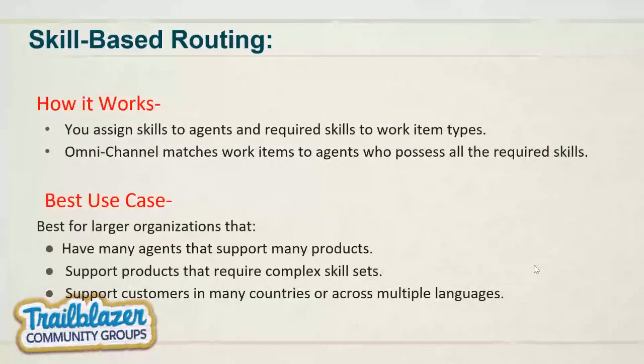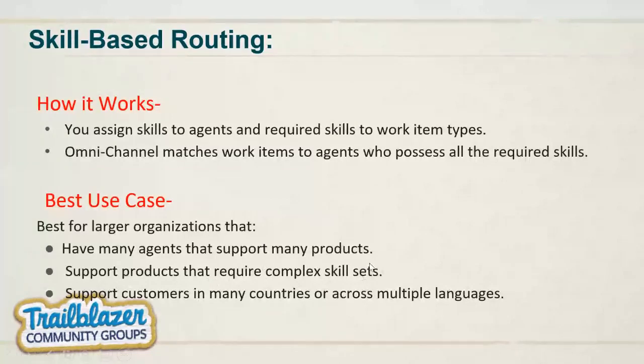Second is skill-based routing. We basically assign skills to agents and required skills to work item types. Omnichannel matches these work items to agents who possess all the required skills. The best use case is larger organizations that have many agents that support many products, products that require complex skill sets.